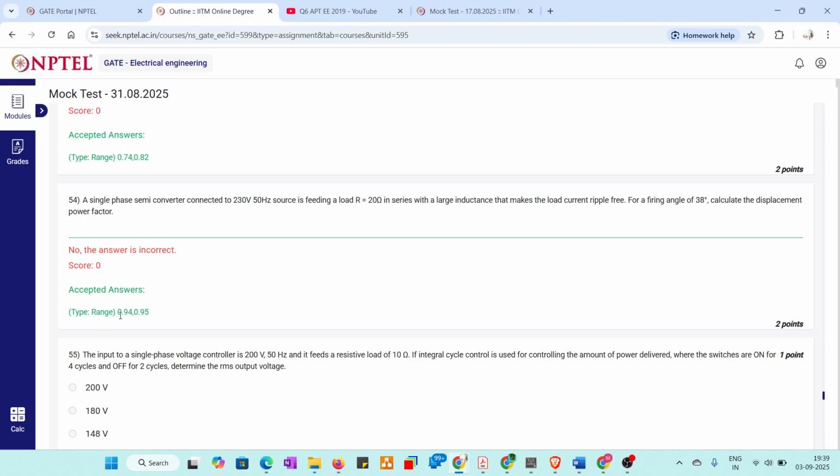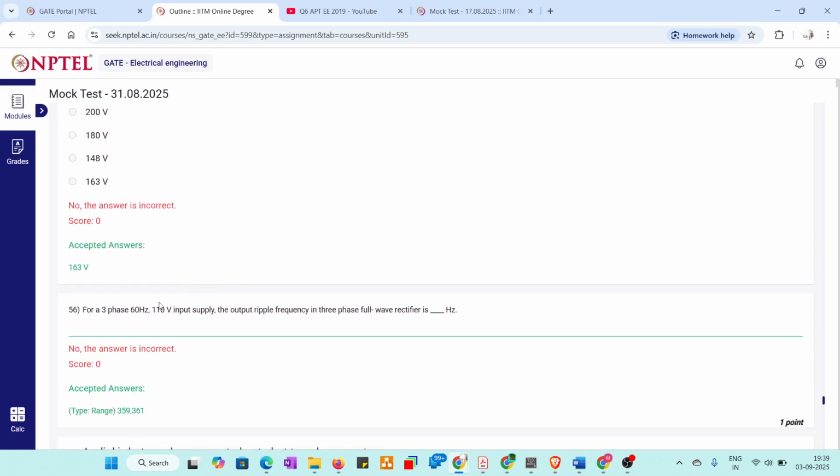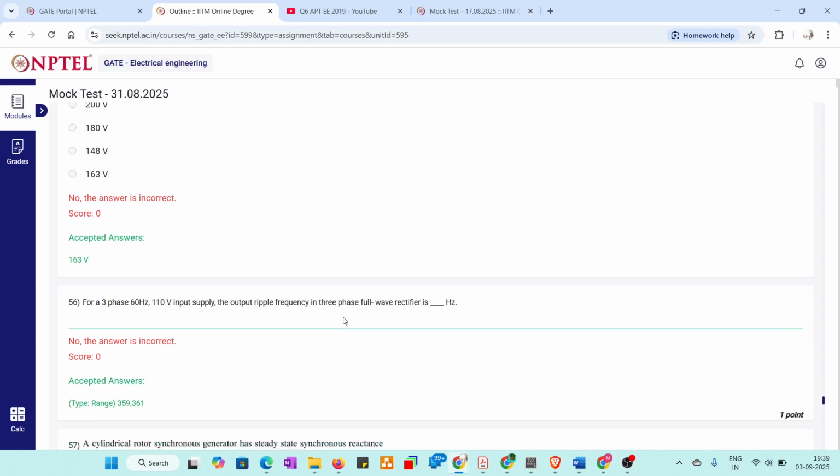Okay. So here we have given the accepted range. Next, the single phase voltage controller. So topic by topic it's coming one by one. Okay, that's coming to the power electronics based questions. Next, three-phase 6-pulse input triple frequency. Okay, so as we know, that is a power electronics question.